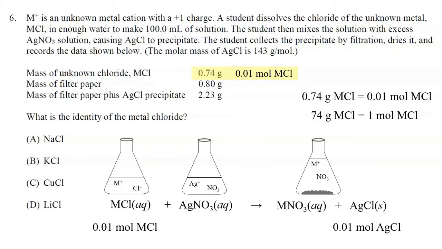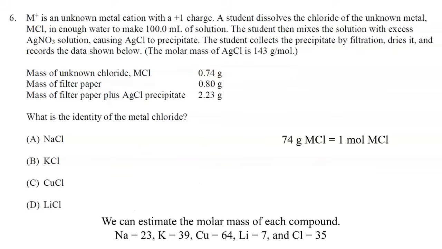We have 4 choices, and we can estimate the molar mass of each compound by looking at the periodic table: sodium 23, potassium 39, copper 64, and lithium 7, and chlorine 35. Again, I'm just estimating by rounding off the atomic masses to the nearest whole number. So for sodium chloride, that would be 23 plus 35, so approximately 58.